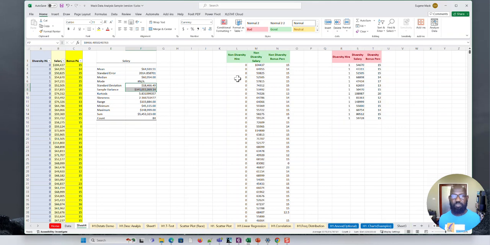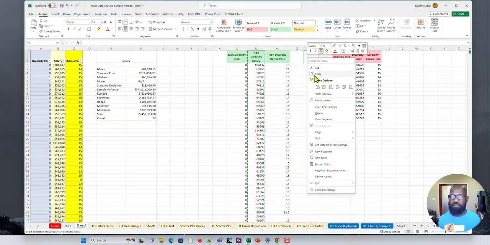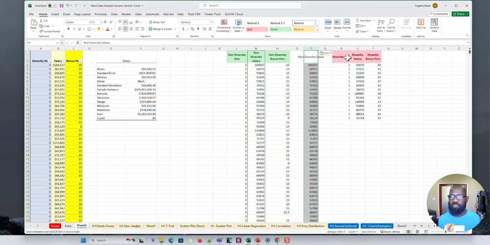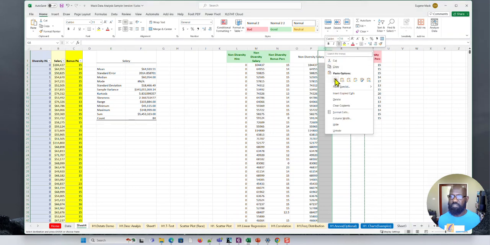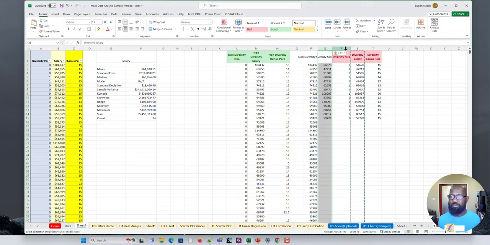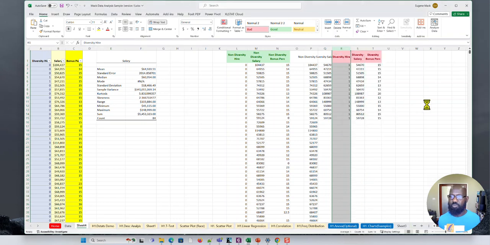Now, next thing I want to do is a comparison of the salaries, let's say, between the non-diversity salaries and diversity salaries. The easiest thing to do for that is to take the salary here, paste the values, and let's take the salaries of the non-diversity hires and paste those here. Insert a column or two to give me some room.